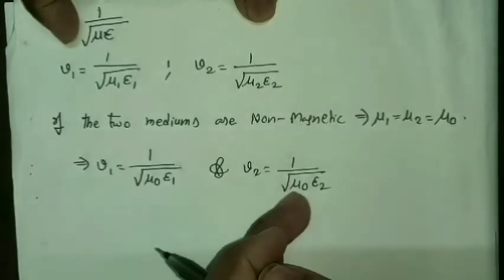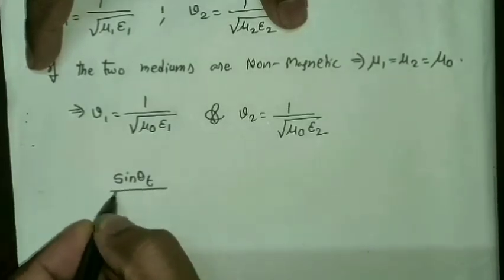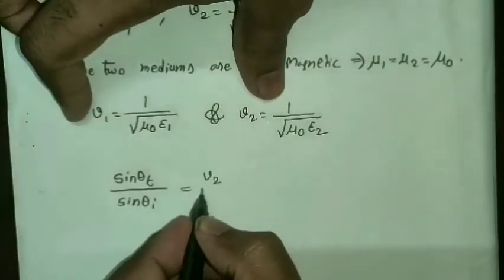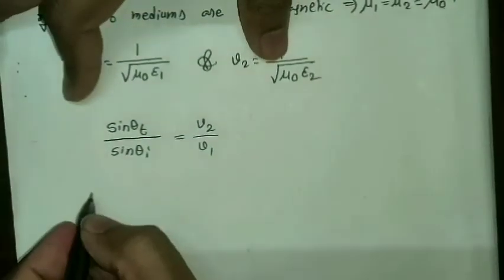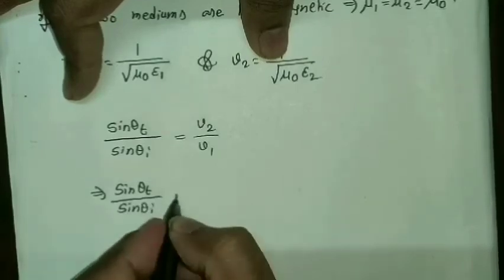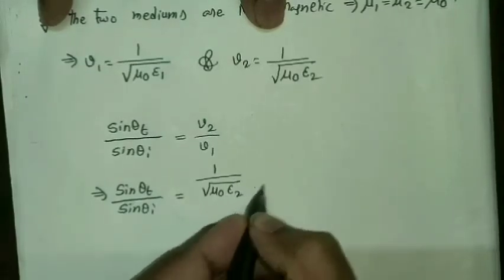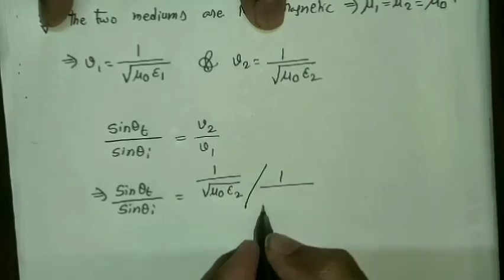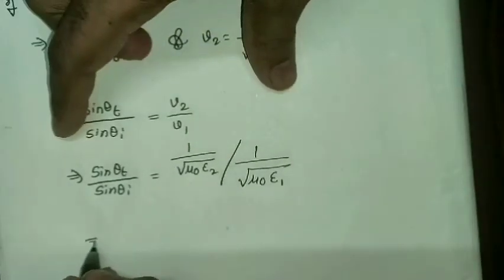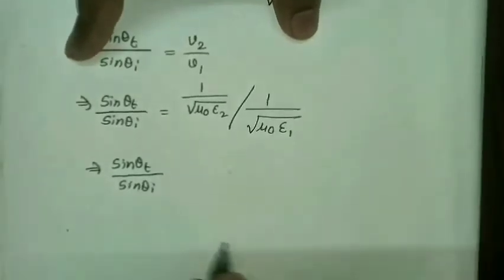Now substitute these into the previous formula: sin theta t by sin theta i equals v2 by v1, which is 1 by square root of mu naught epsilon 2 divided by 1 by square root of mu naught into epsilon 1.